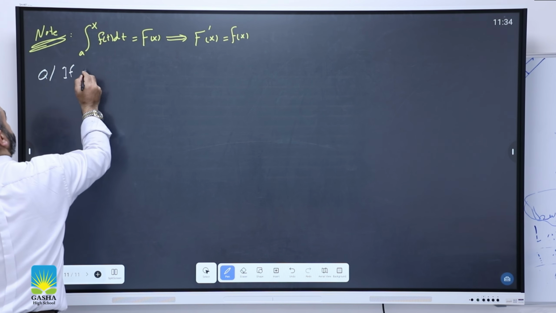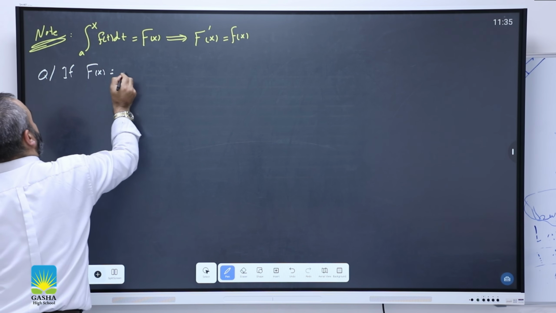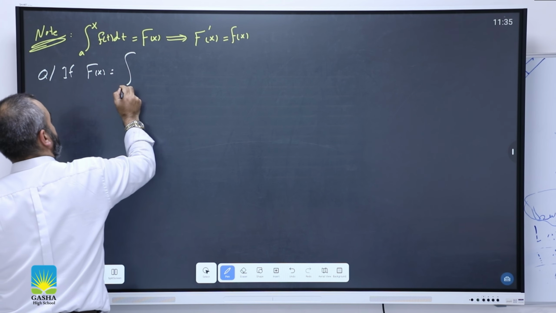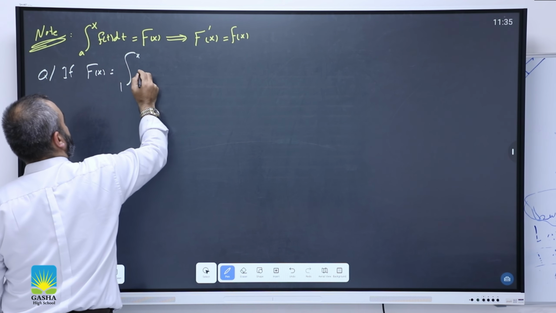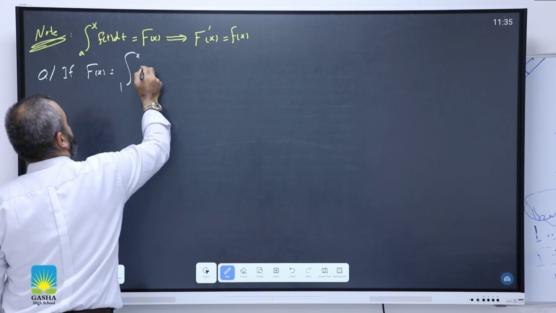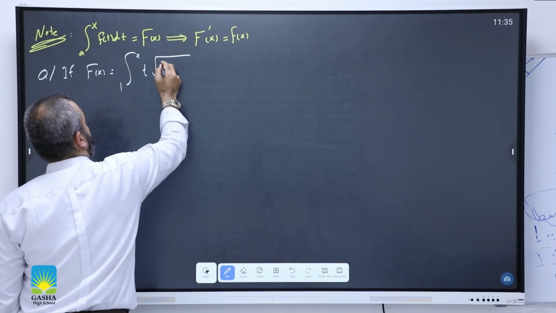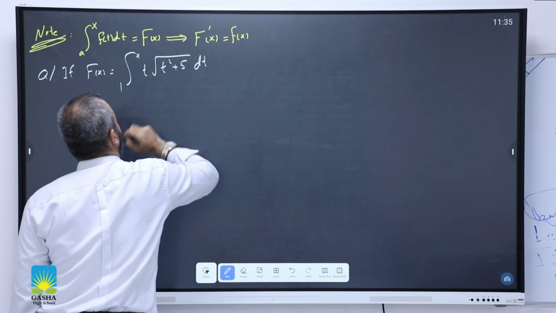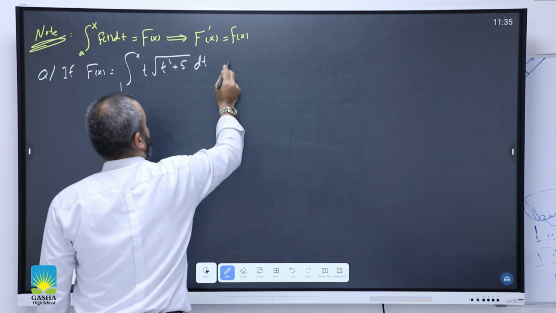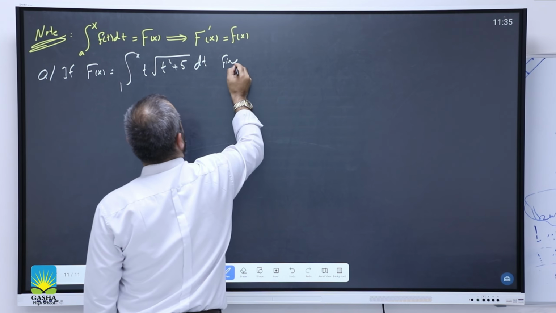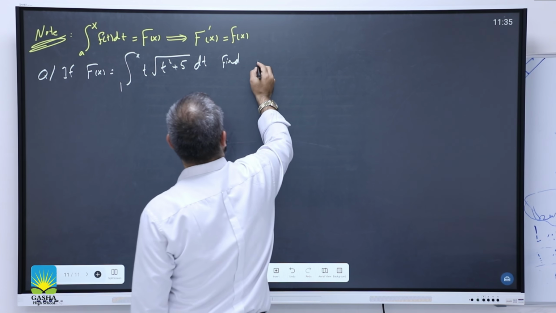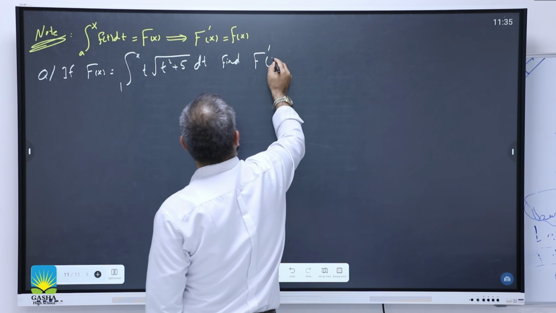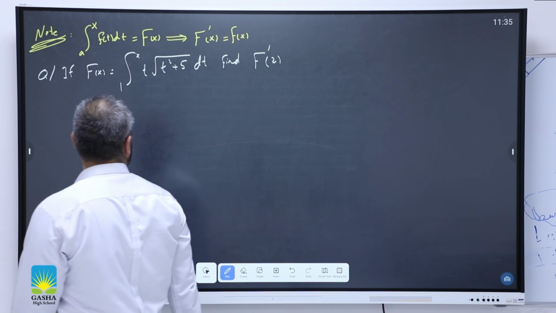How? If f of x equal to the integral from 1 to x of t square root of t squared plus 5 dt. So find f prime of 2, right?